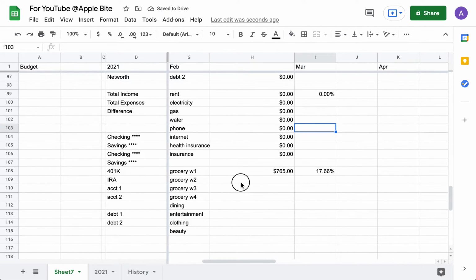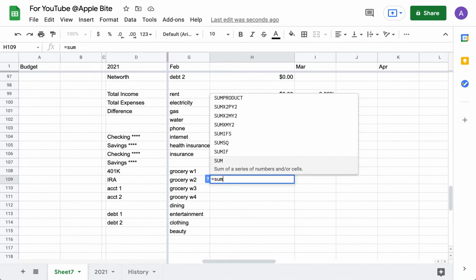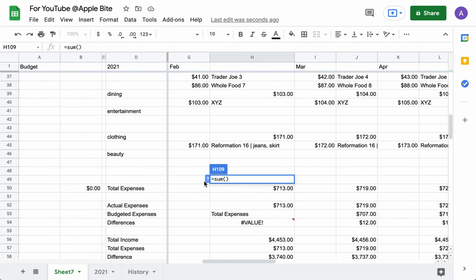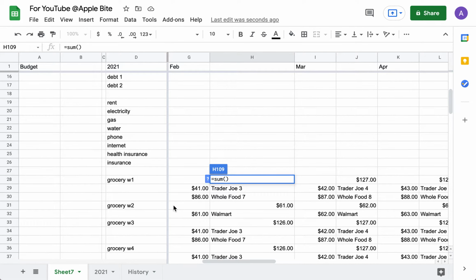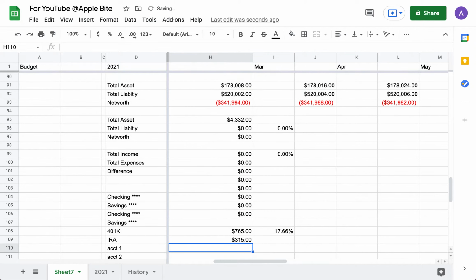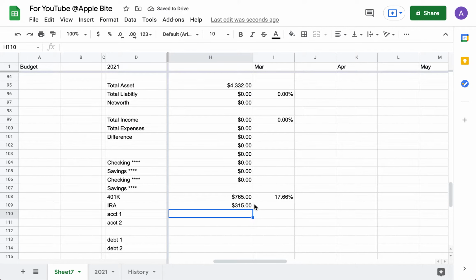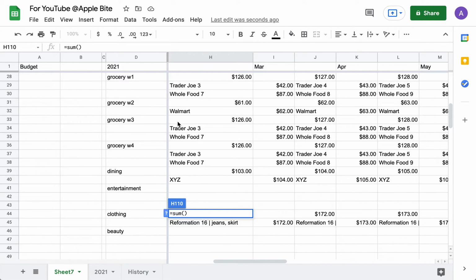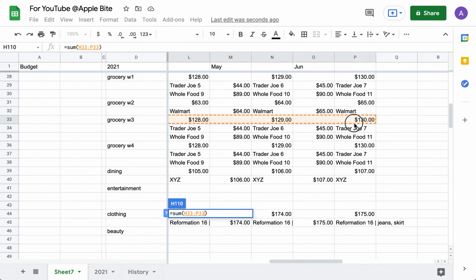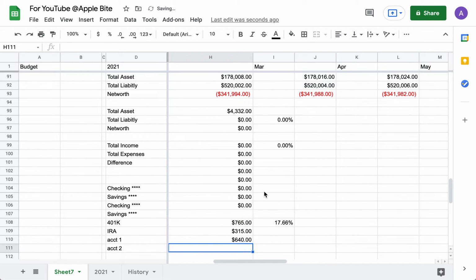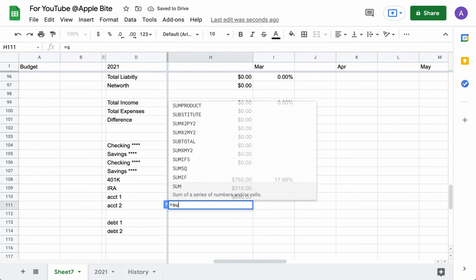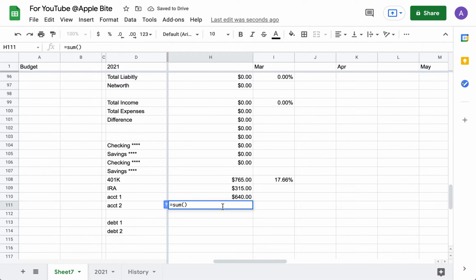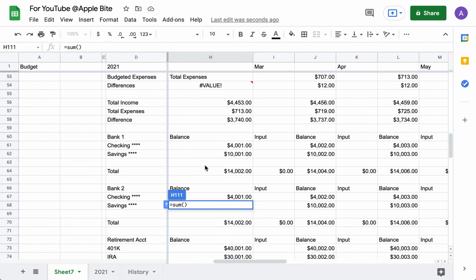And then groceries, week 2. Grocery, week 3. And then groceries, week 4.